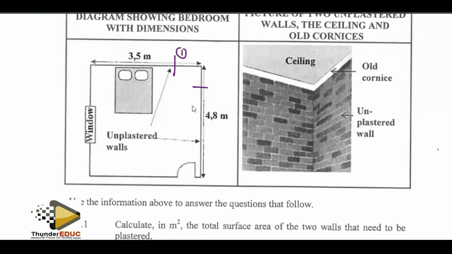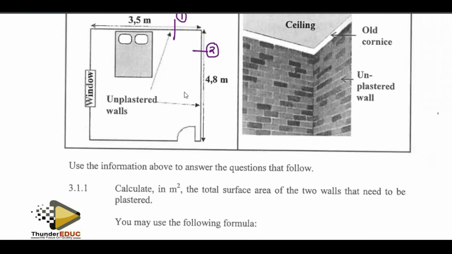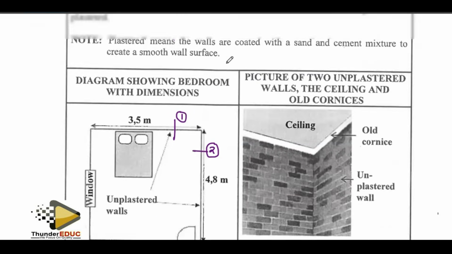This is wall 1, wall 2. Remember, we are looking at walls. We are not looking at the floor. So the area of the wall, I will name them. Area of wall 1, what will it be? Area of wall 1 will be 3,5 times the height of the wall, not times the length of the bedroom, times the height, because the wall stands. So remember the height, it was 2,75. Remember that in the scenario.